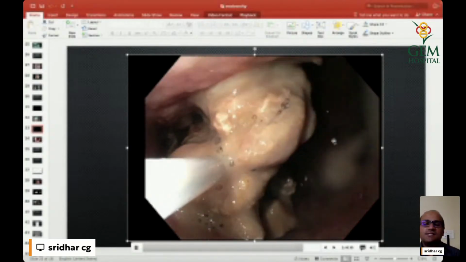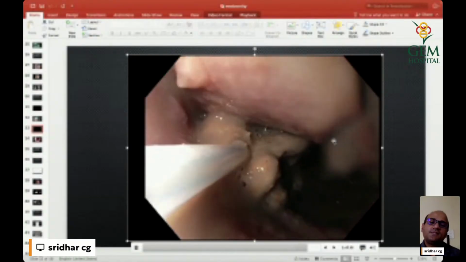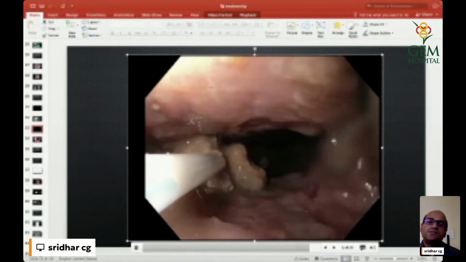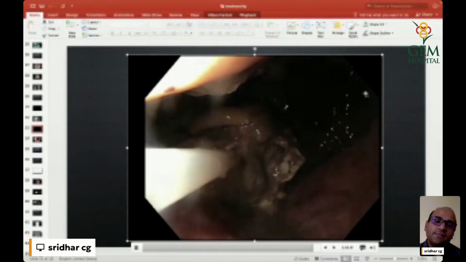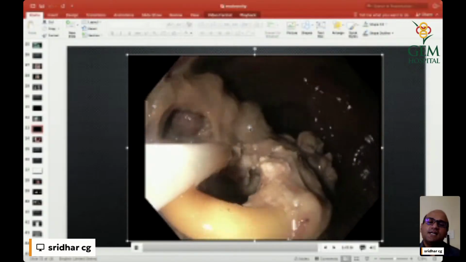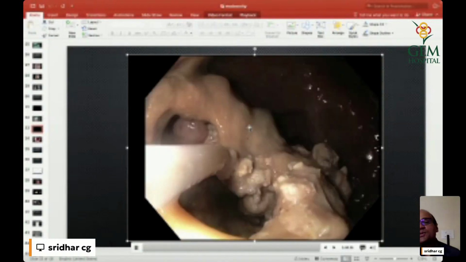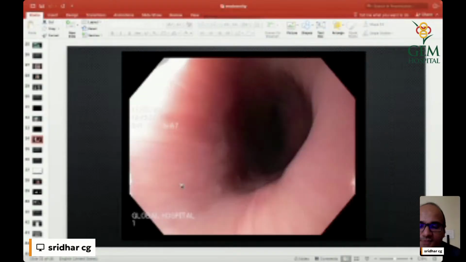So that is the depth at which even the paracolic gutters can be reached through the same route. There you can see the pigtail here. So that is a left paracolic pigtail which has been put using ultrasound, and it gives a very good satisfaction even for the therapeutic endoscopist.